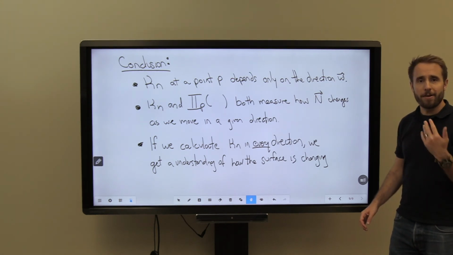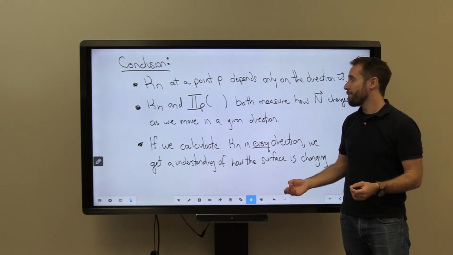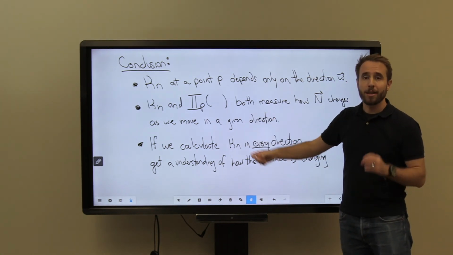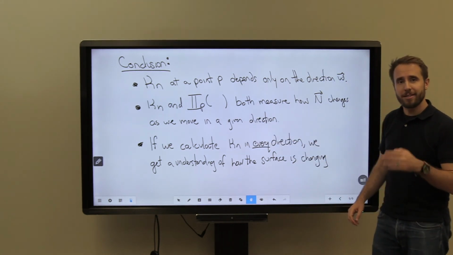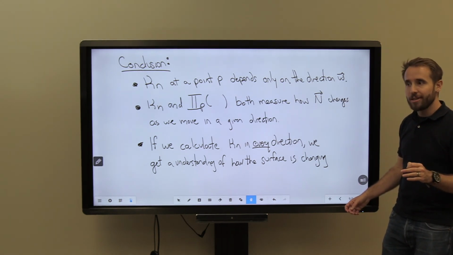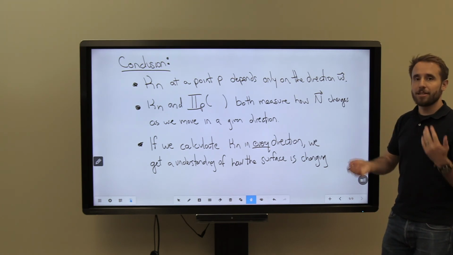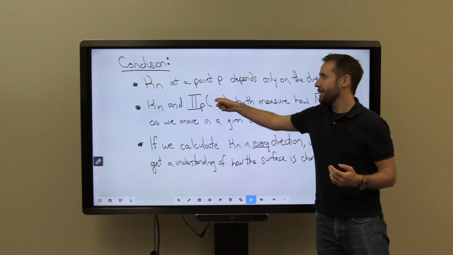And this verifies what we had been claiming, or what we'd been hoping would be true when we first introduced the second fundamental form, namely that it is measuring in some real sense how our normal vector n is changing as we move along our surface in a given direction. In this case, the direction would be w, and that's what we're plugging in here.